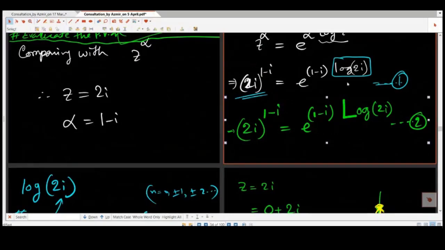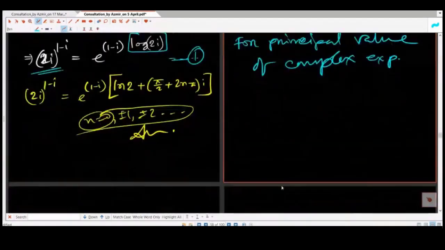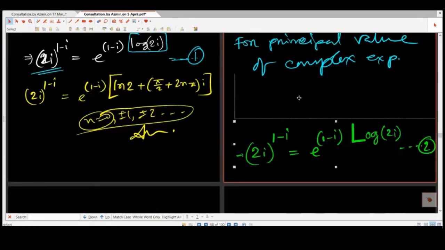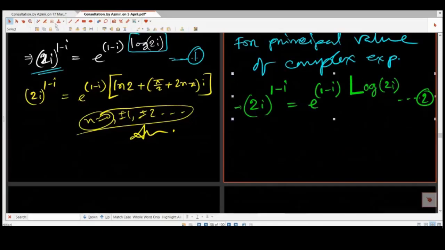That means these two equations are the same, but we are writing them in different ways. One is the general form and one is a specific form. So our result will be fulfilled if we write e to the 1 minus i log of 2i.